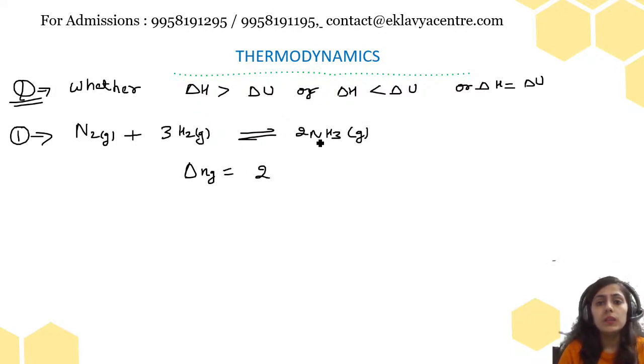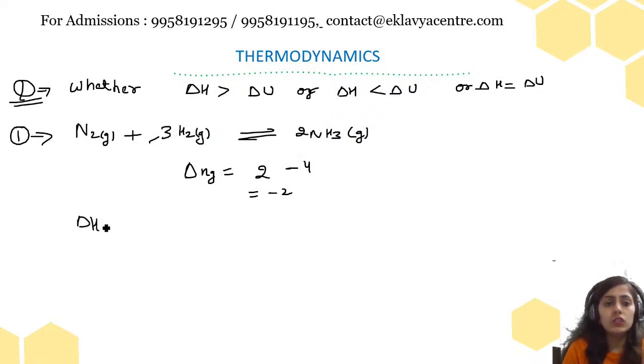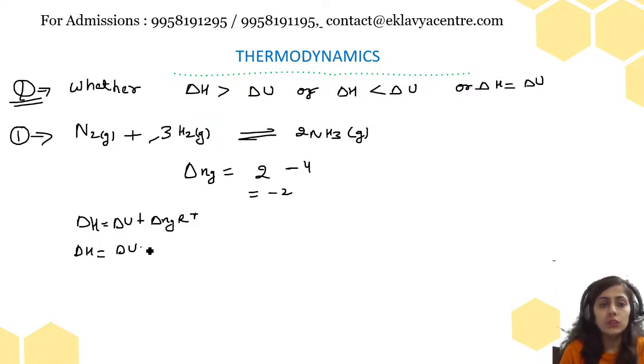In product we have 2 and reactant is 4. So minus 2, and delta H is equals to delta U plus delta Ng RT, so delta U minus 2RT. So delta H is less than delta U.